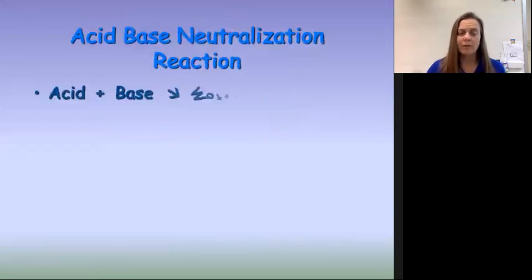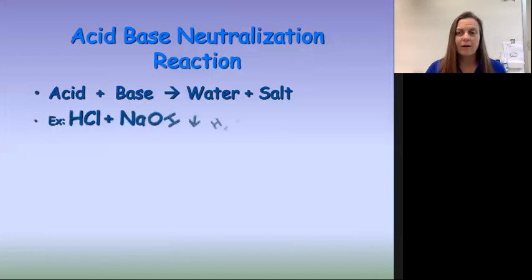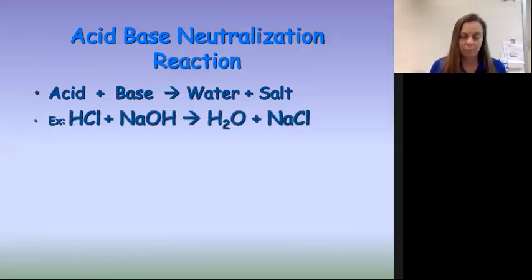We remember that when we add an acid to a base, we get water and a salt, not necessarily sodium chloride, but some ionic compound. When we mix hydrochloric acid and sodium hydroxide, we get water and table salt, sodium chloride. But neutralization reactions are always going to be reactions between an acid and a base, and they're going to make water and some salt.